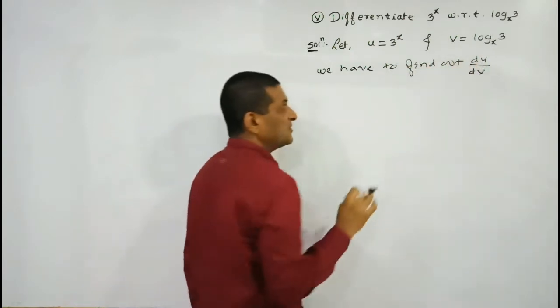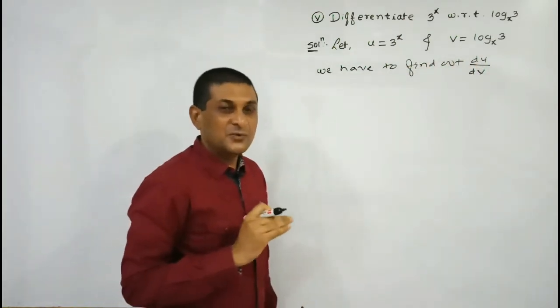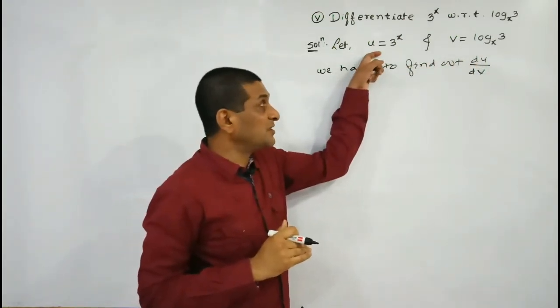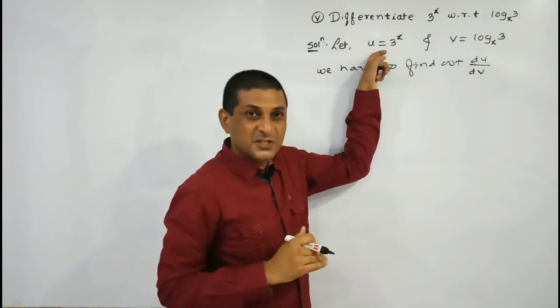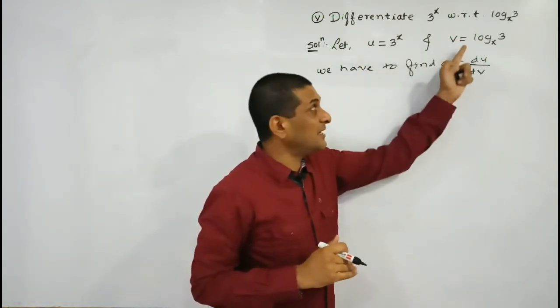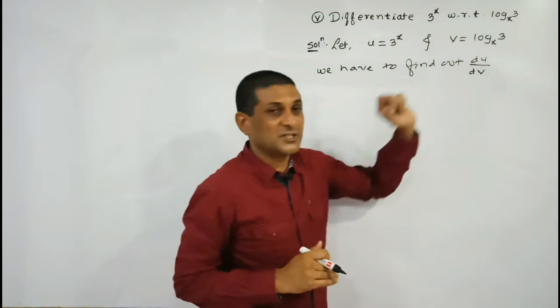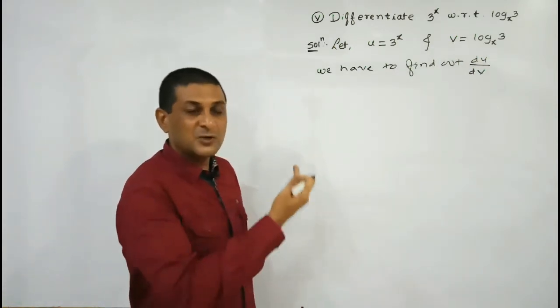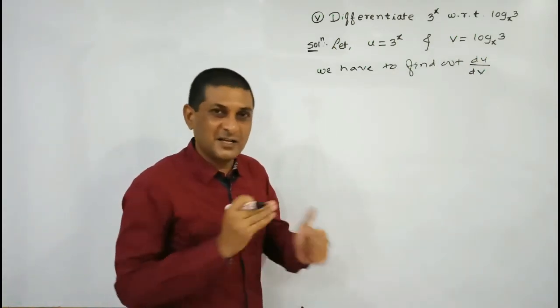To find the value of du by dv, we first have to differentiate u with respect to x and v also with respect to x, because the values of u and v are in terms of x.